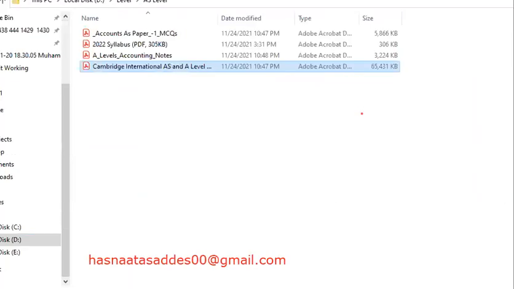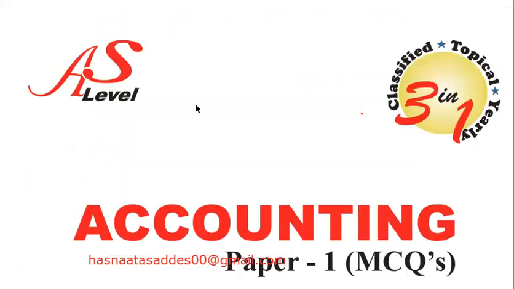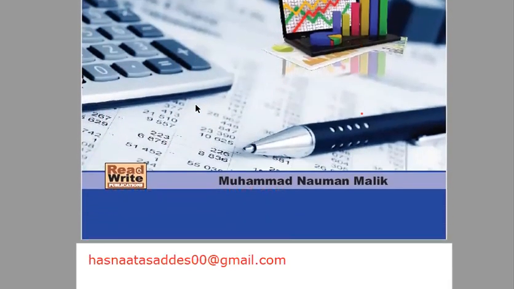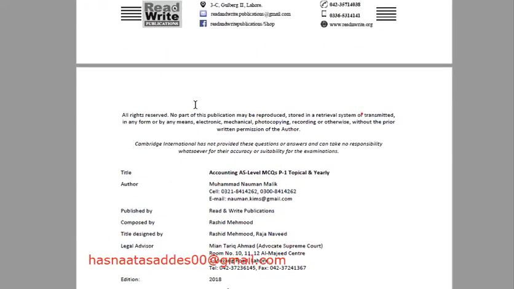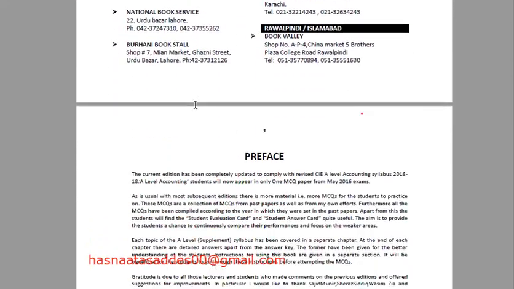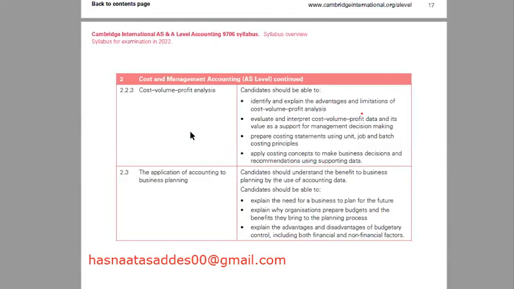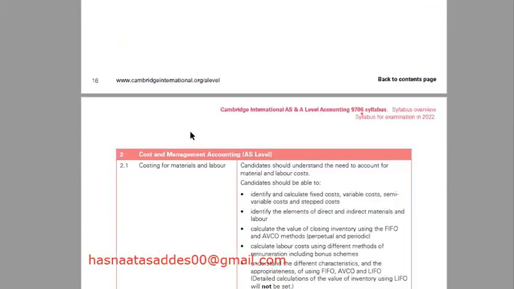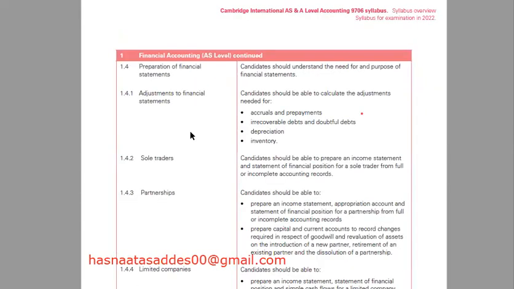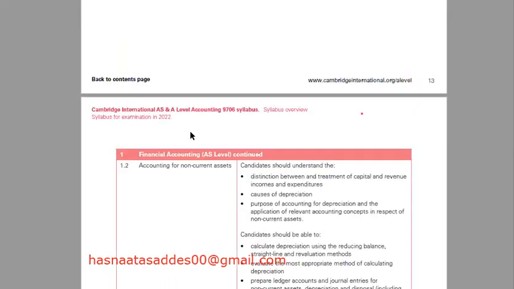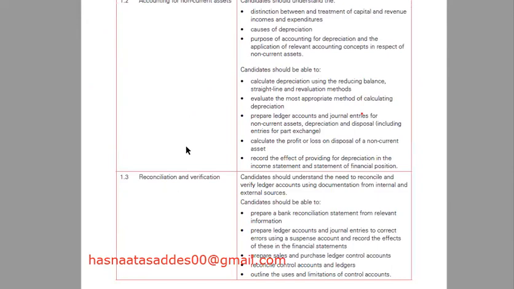Now we have certain other books available. We can see all these books also. Come to the topics. First topic is bank reconciliation statement, as we have seen in the syllabus. This topic comes from here, 1.3, bank reconciliation.